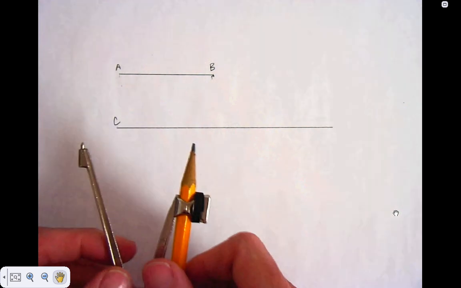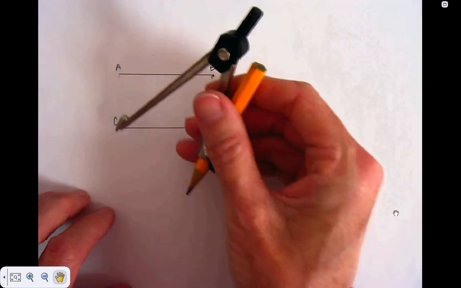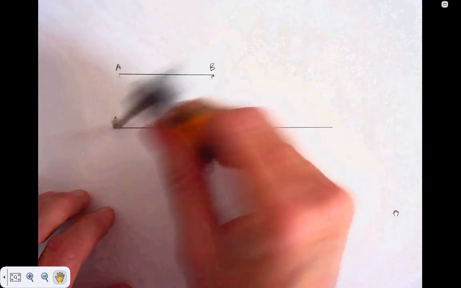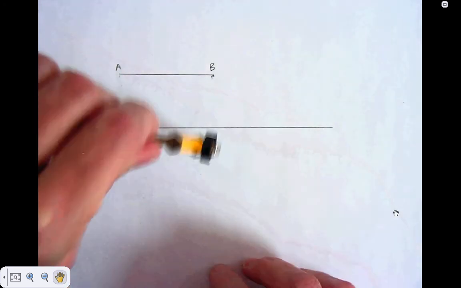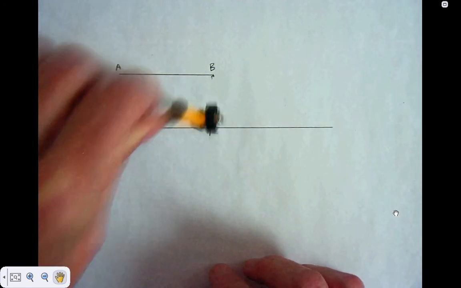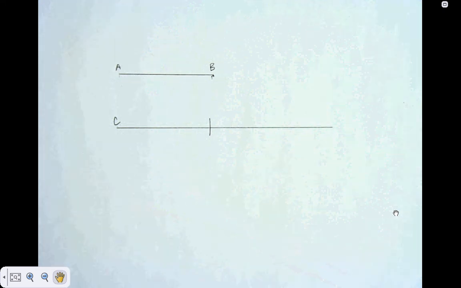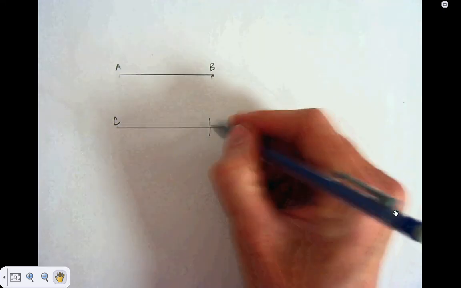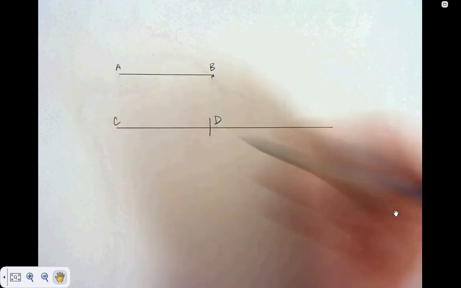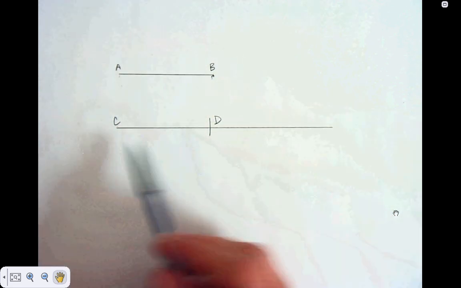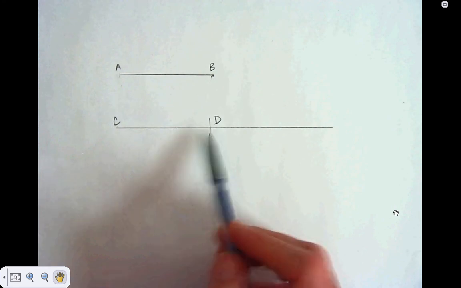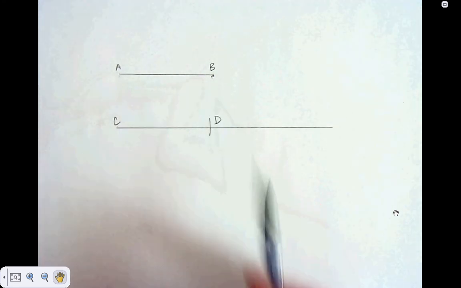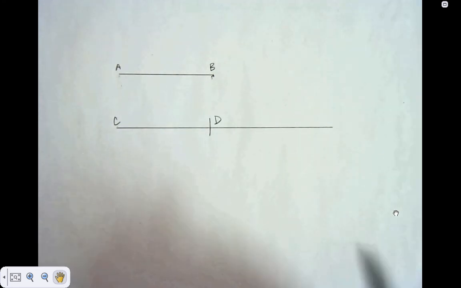Once you have done that, then we put the point on C, and using our compass we just cross the line using our pencil point. Where that intersects is going to be point D. So now we have a line segment CD that is equal to AB. We didn't use our ruler, but we used a compass.